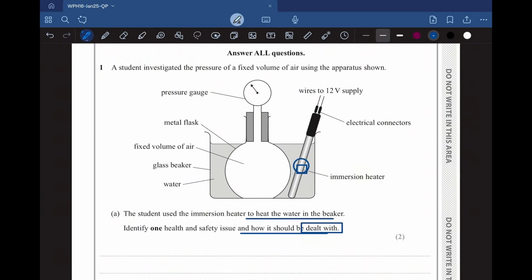Now the second thing that comes to my mind is this glass beaker itself is going to be very hot. Now if you are going to move this glass beaker from one place to another, you will have to use tongs or insulated gloves so that your hands are not getting burned, right?